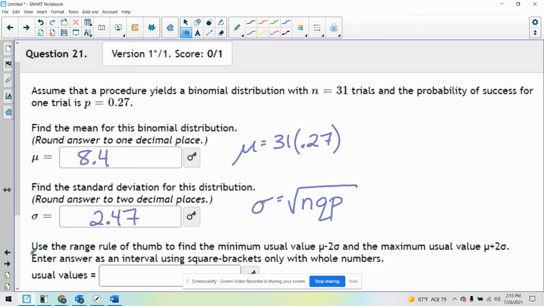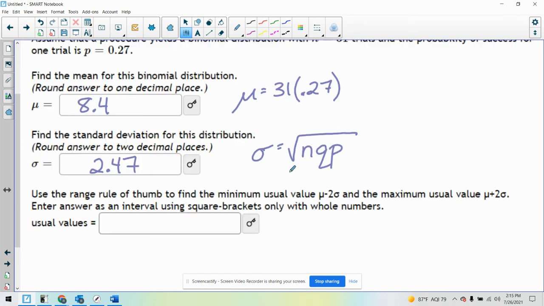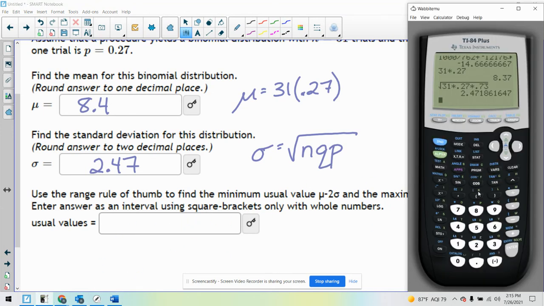So it says use the range rule of thumb to find the minimum usable value. So we're just going to do mu minus 2 sigma, and then mu plus 2 sigma. So the first one, we'll take 8.4 minus 2 times 2.47.